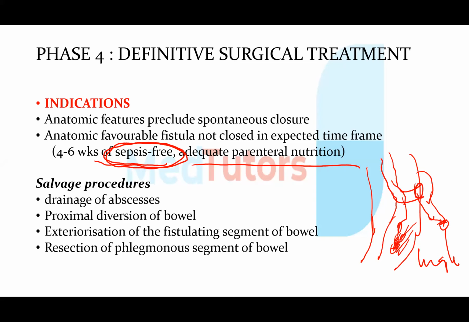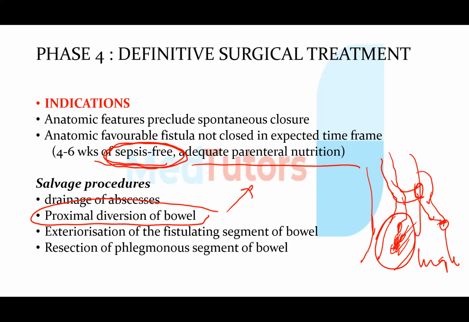Don't forget, diversion does not necessarily mean that you have to exteriorize, but commonly we exteriorize the proximal bowel. You divert bowel to a more distal side so that you bypass the site of the fistula.